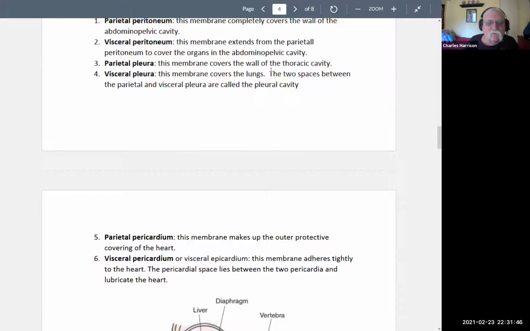It covers the wall of the thoracic cavity. The visceral pleura, these are membranes that cover the lungs. Visceral meaning organ. So the lungs are covered by the visceral pleura.